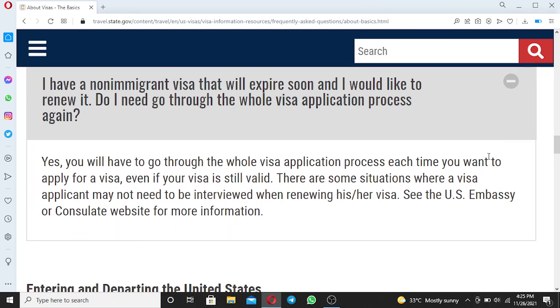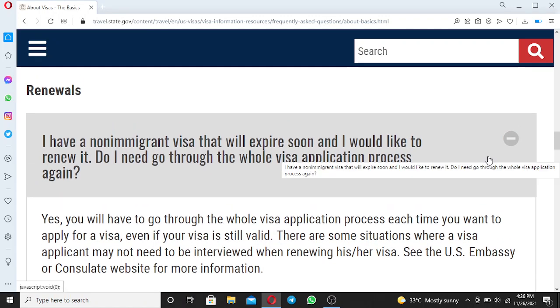Yes, you will have to go through the whole visa application process each time you want to apply for a visa, even if your visa is still valid. There are some situations where a visa applicant may not need to be interviewed when renewing his or her visa. So see the US Embassy or Consulate website for more information concerning the renewal of the visa.